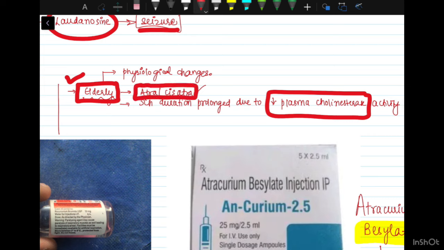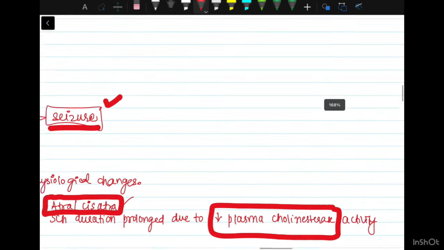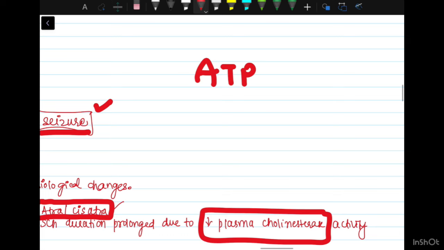Again, atracurium. So you can see that in most of these abnormal clinical conditions, CKD, CLD, infant or elderly, you avoid vec or roc and prefer atracurium.